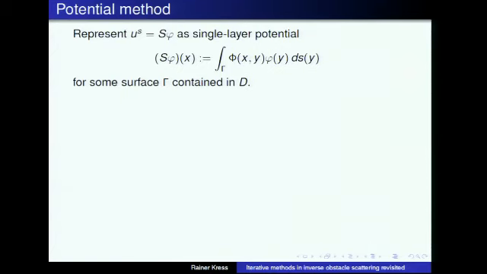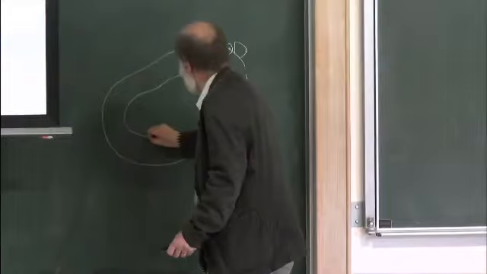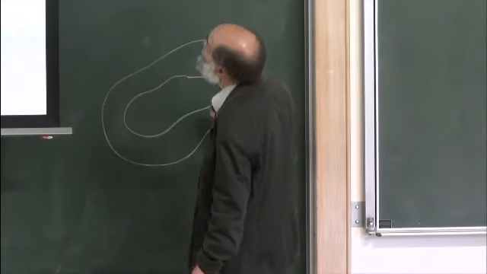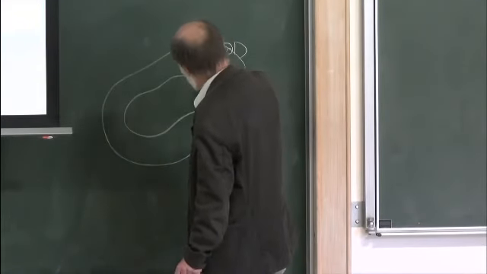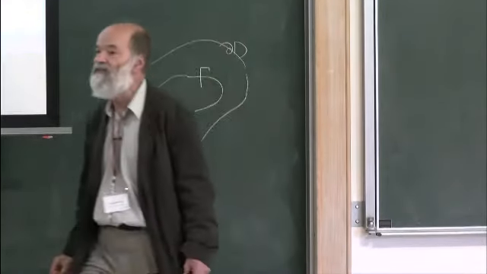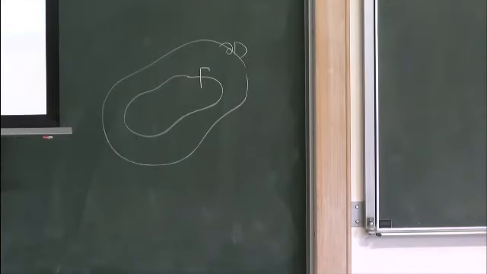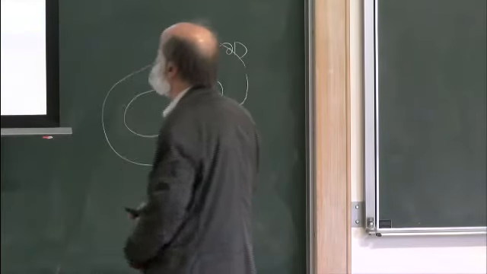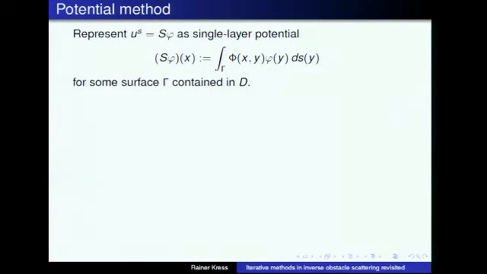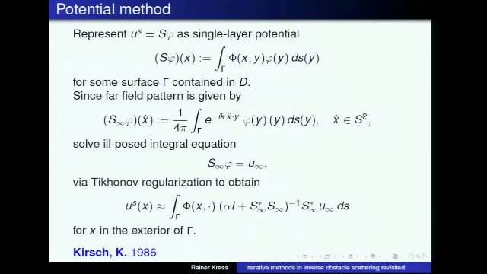this is the obstacle that we want to reconstruct, and we assume that we have enough a priori knowledge so that we can place a surface in the interior, and we try to represent the scattered wave as a single layer potential on the surface with an unknown density, and then we can work out what is the far field pattern of this density.